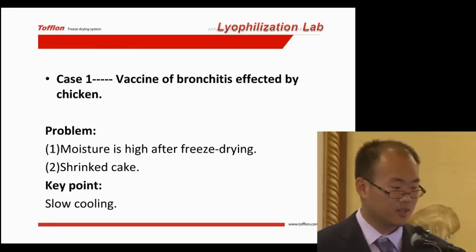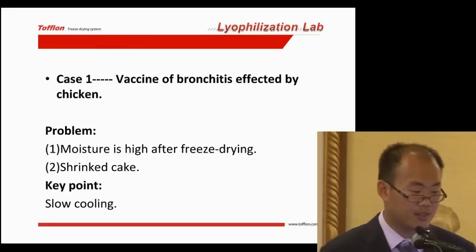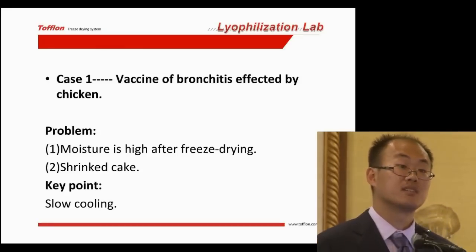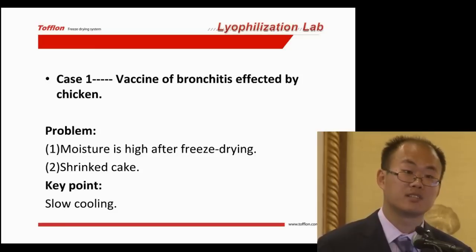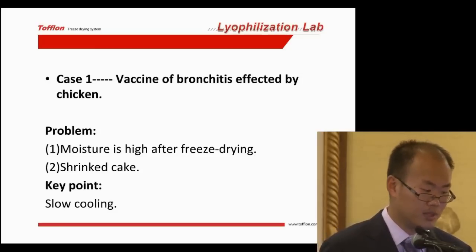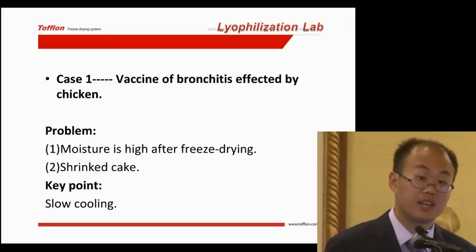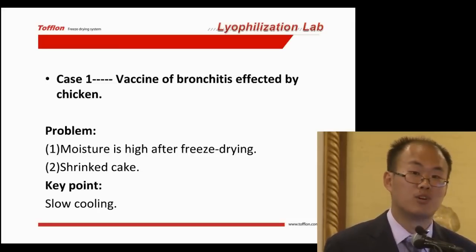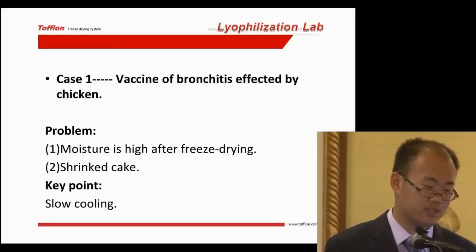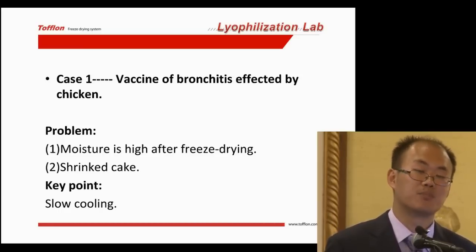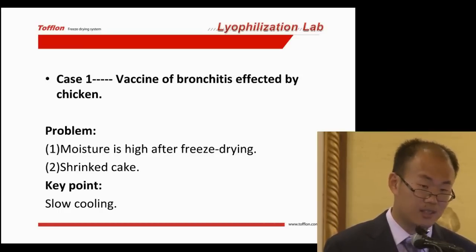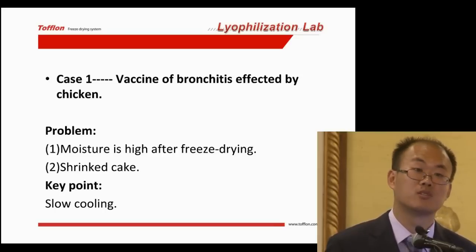Case 1, the white sign of bronchitis vaccine by chicken. That is a case our clients gave to us. The problem is moisture is high after freeze drying and the cake shrinks. When the clients perform the freeze drying cycle, they can't decrease the moisture, and the cake of the product is not very good.